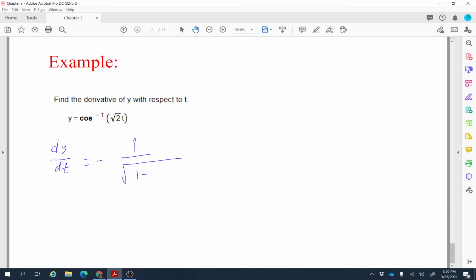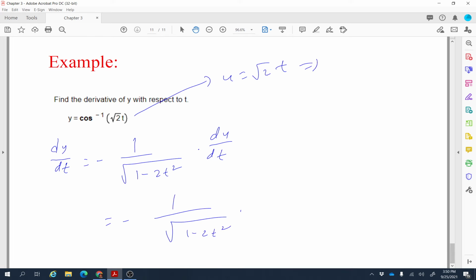So in our case u is square root of 2 times t. So u square means it's 2t square, times du over dt. So that is 1 over square root of 1 minus 2t square. Find the derivative of u with respect to t. That is square root of 2 only, because the derivative of t is 1.